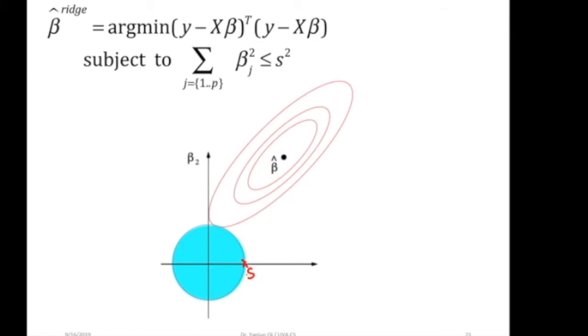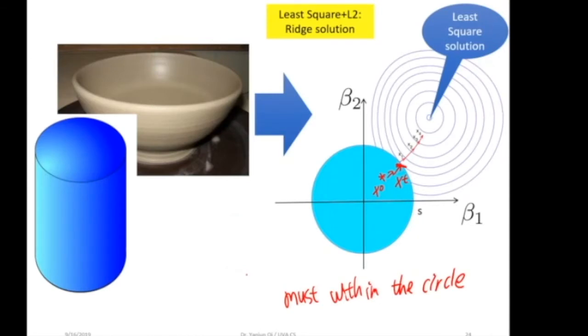Here is another figure like this. So this is a 3D view. In the end, I have a bowl shape for my sum of squared error loss. The lower in the bowl, in the middle, the smaller the sum of squared error. But at the same time, I have a cylinder constraint.